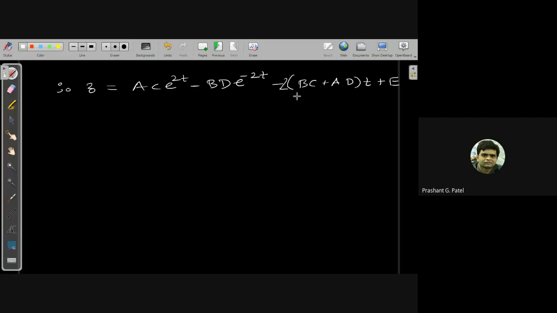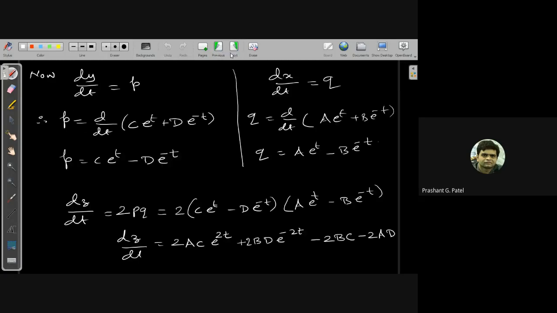Now we have to use the initial conditions. Using the initial conditions, the ultimate goal is to calculate what these constants will be.